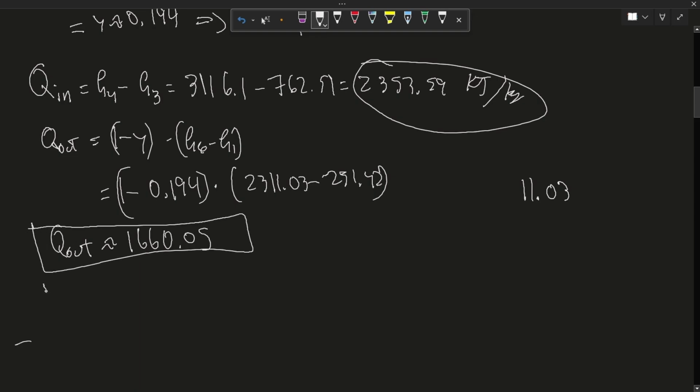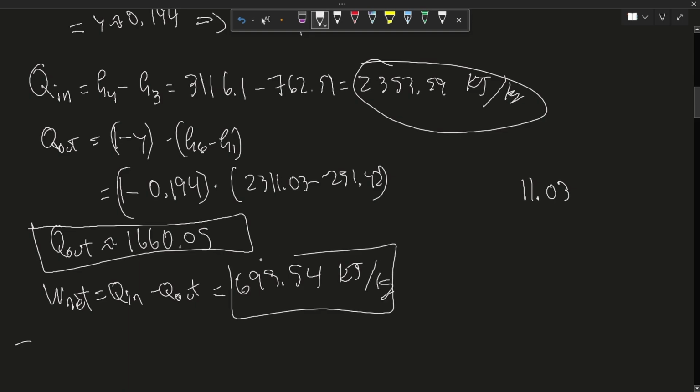There you go. The net work is equal to Q in minus Q out, which we have these two values over here. It's going to give us a value of about 693.54 kilojoules per kilogram. Okay.